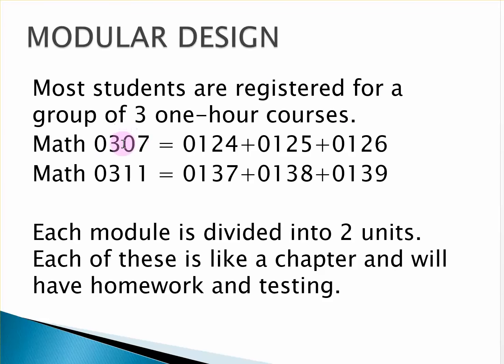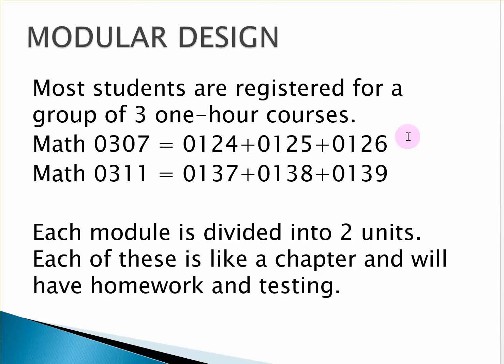Or you could be registered for 137, 138, 139, which together form Math 0311, which is our intermediate algebra. Sometimes students are completing a session or working ahead, and they might have some other combination like 125, 126, 137. So there are some different settings, but most people have a set of these 3.